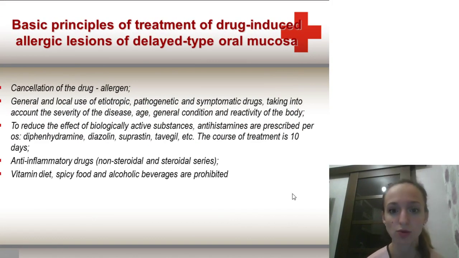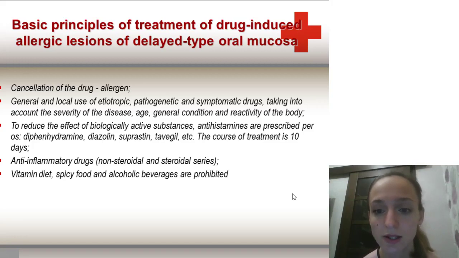Basic principles of treatment of drug-induced allergic lesions of delayed type of the oral mucosa. Cancellation of the drug, which is the allergen. General and local use of etiotropic, pathogenic, and symptomatic drugs, taking into account the severity of the disease, age, general condition, and reactivity of the body.